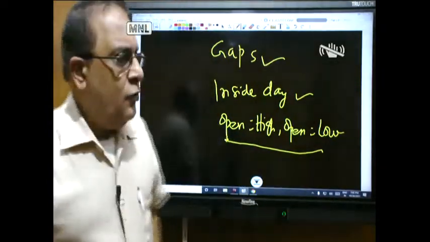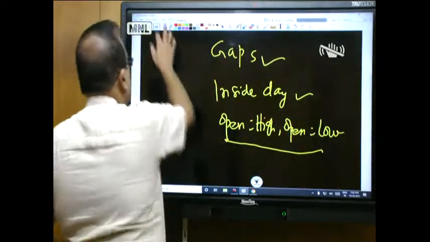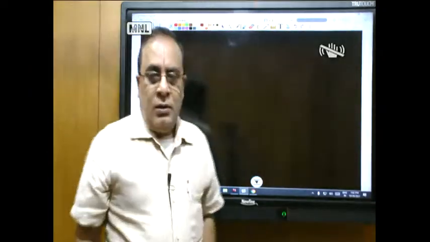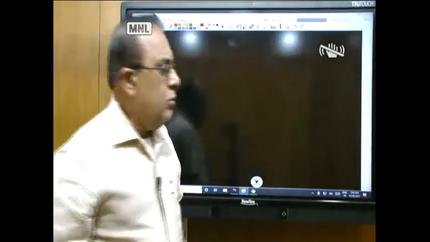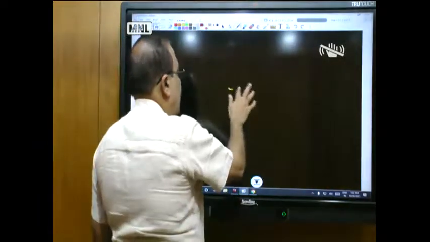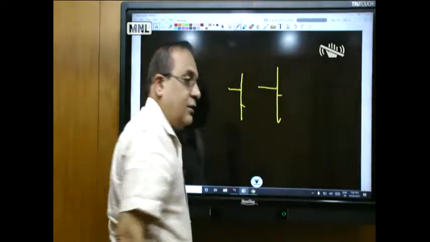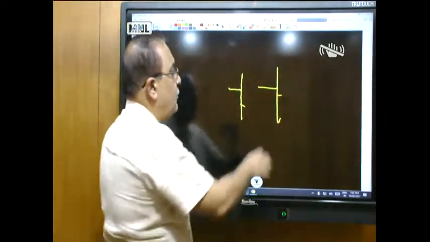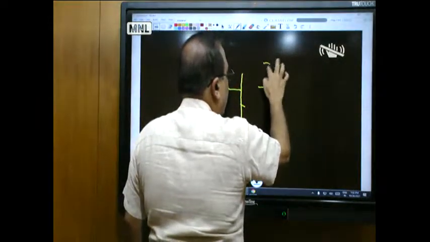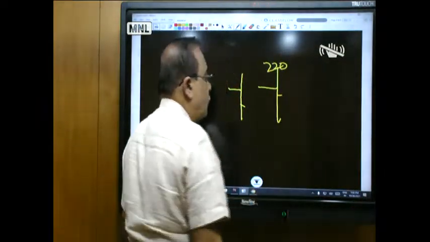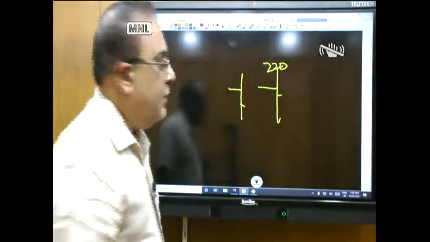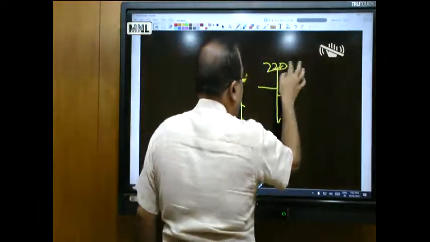First of all, we should know what we mean by gaps. The gap is nothing but, say, yesterday, let us say this is the price action, and the highest was 220 rupees. Today, the open itself goes above the high of the previous day.